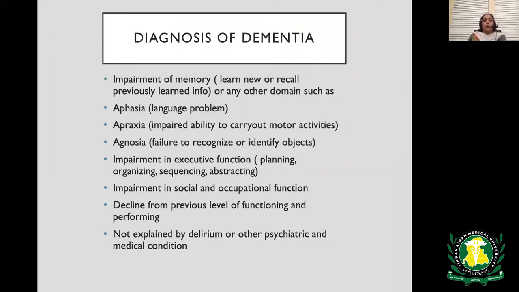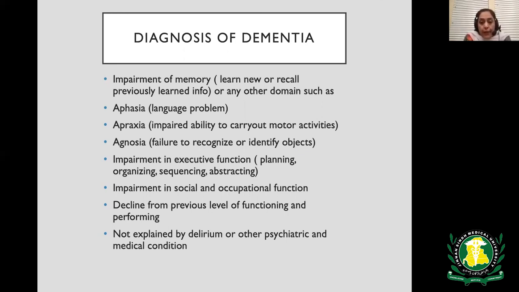So how to diagnose dementia? As I mentioned, impairment of memory, which is to learn new or recall previously learned information, is the common problem and the most common symptom. And other domains, for example, language, aphasia; I have put these medical terms: aphasia, apraxia, impaired ability to carry out motor activities, and agnosia, a failure to recognize or identify objects; impairment in executive function, which is trouble in planning, organizing, sequencing, abstracting.